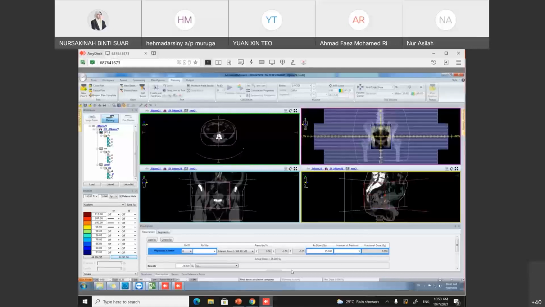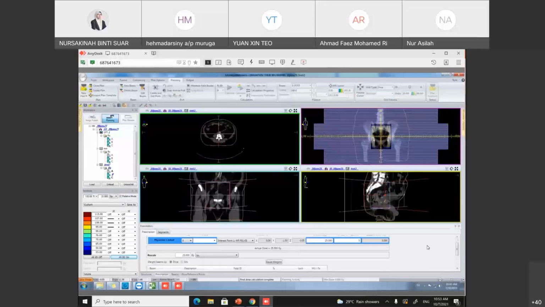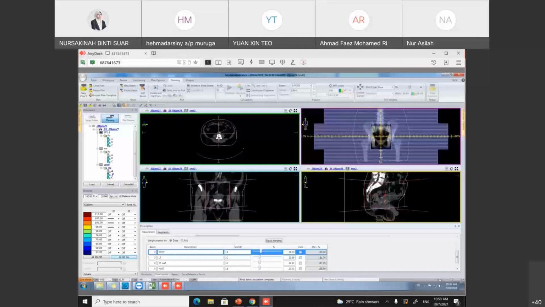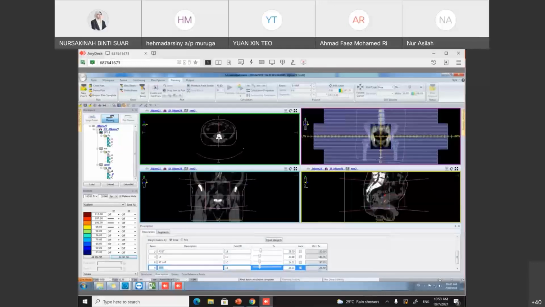So for the anterior beam, this one is okay. I already put in the fields to save time. So for the anterior beam, we will need to cover from the L5 S1 junction until the prostate area.